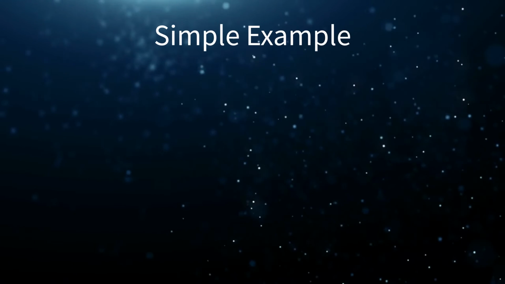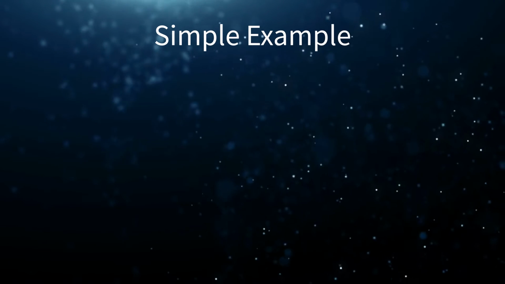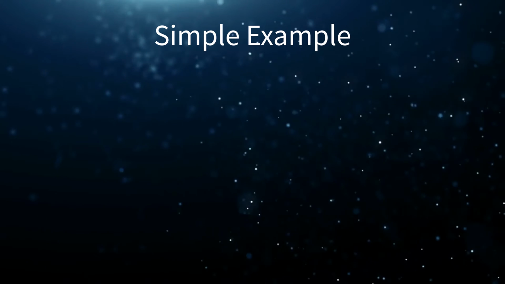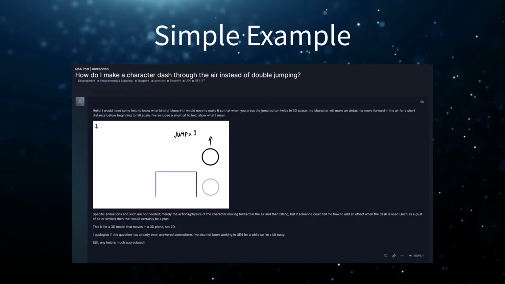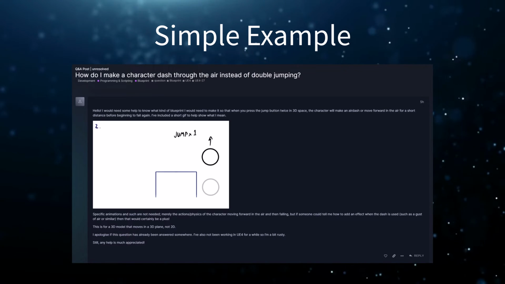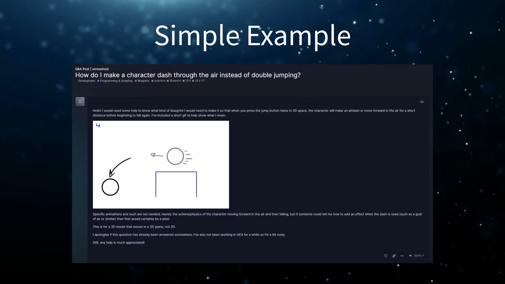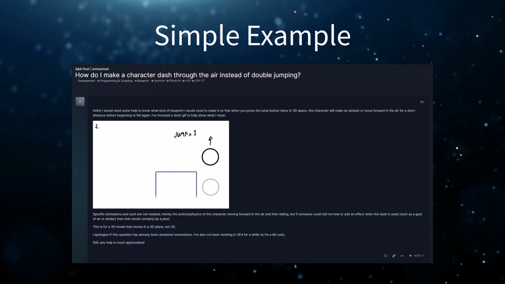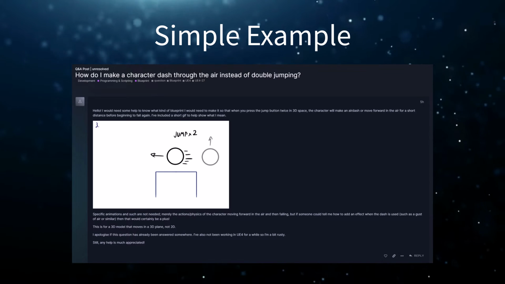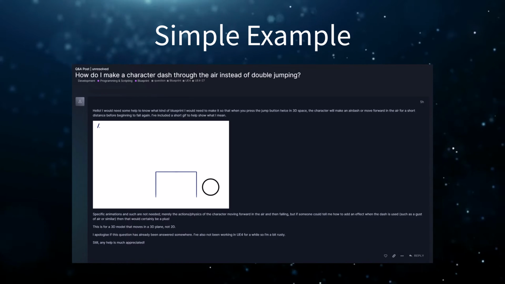Now let's take a look at a simple example. I went to the Unreal Engine forums and found the following post after a few minutes. I removed the user from the image as it is not my intention to call them out, but simply use the post as an example for this lesson. The post reads, "How do I make a character dash through the air instead of double jumping?"